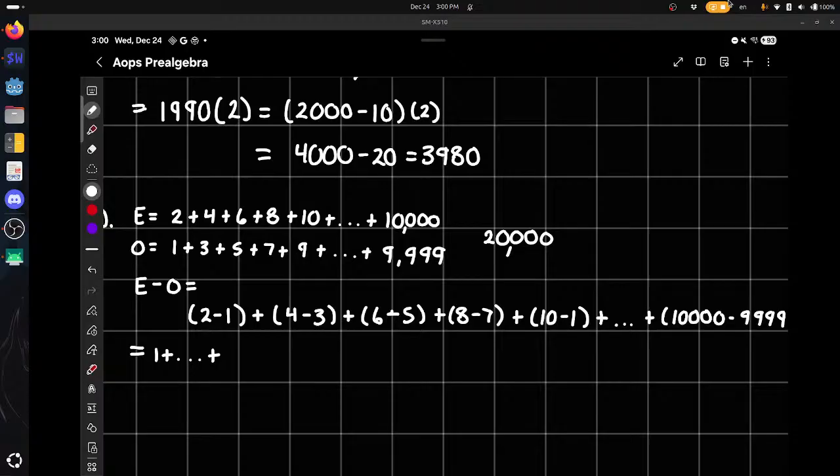I think, okay, it's 2, 4, 6, 8, 10. That's 1, 2, 3, 4, 5. That's 5 numbers right there. What does that tell me? And 12, 14, 16, 18, 20, 6, 7, 8, 9, 10.